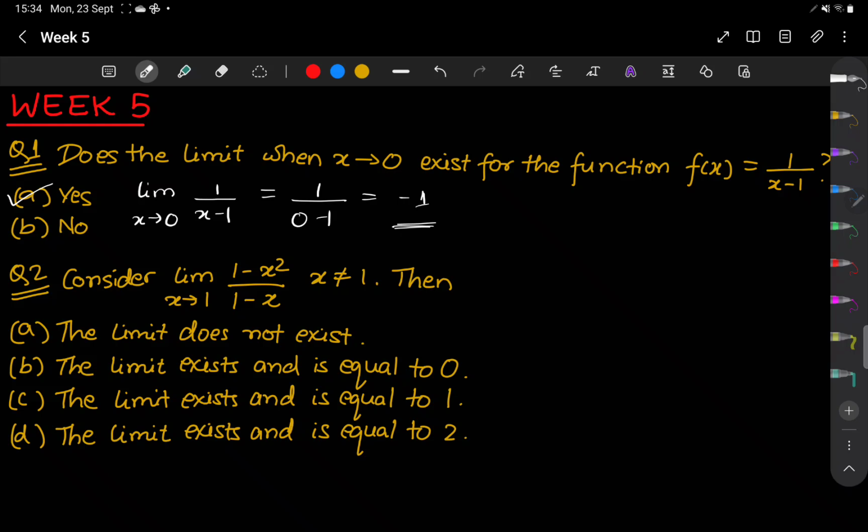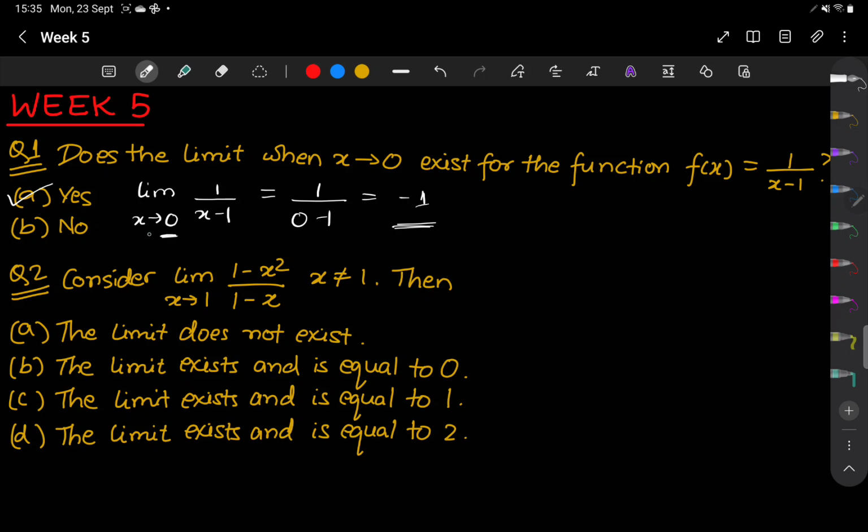So many a times you can see if you can put this value of x directly into the function and see if you get the limit. But if either the numerator or the denominator or the function itself starts becoming 0 or blows up at that particular value of x, then you need to look at other ways of finding the limit instead of just plugging in the value of x.